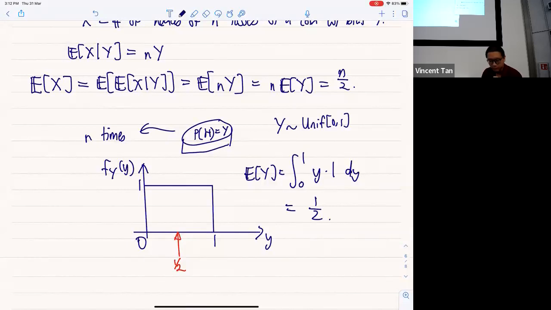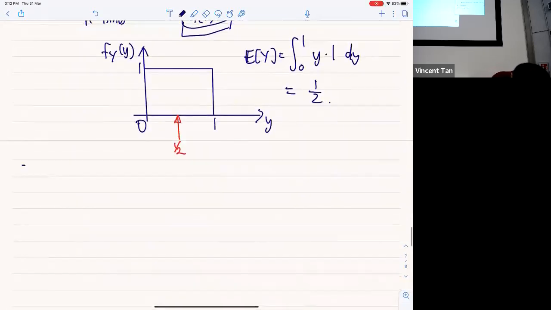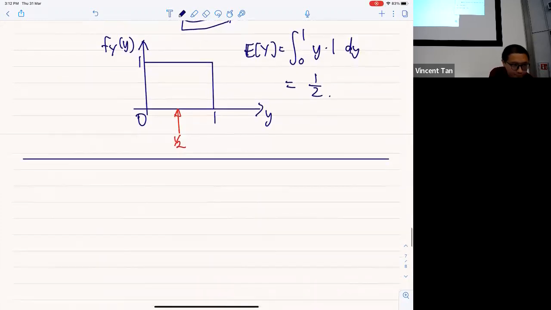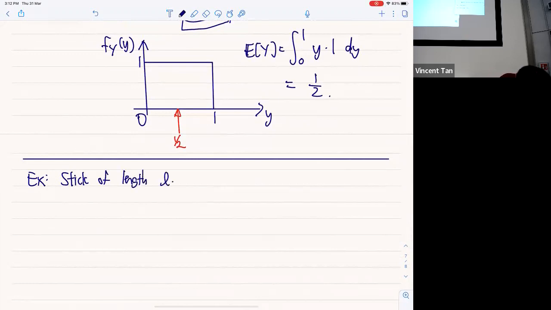Now, we have actually seen the next example in a tutorial, but I will repeat it. Example: we have a stick of length L. So this is our stick. We have mentioned this in the tutorial, at least in my tutorial.